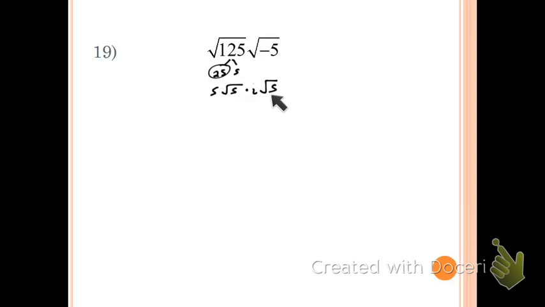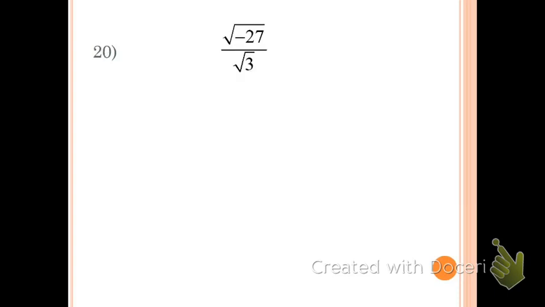What's the square root of 5 times the square root of 5? 5 times this i gives me 25i. Okay? This is the equivalent to the square root of negative 27 over 3, which is the square root of negative 9, which gives me 3i.